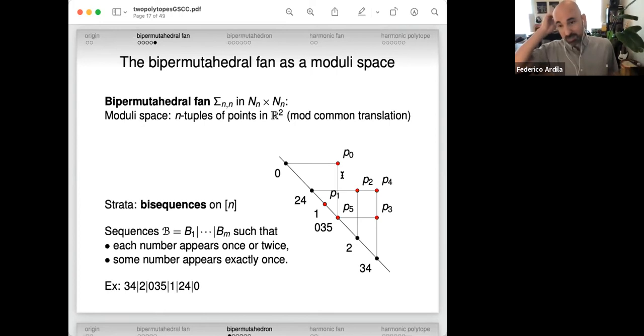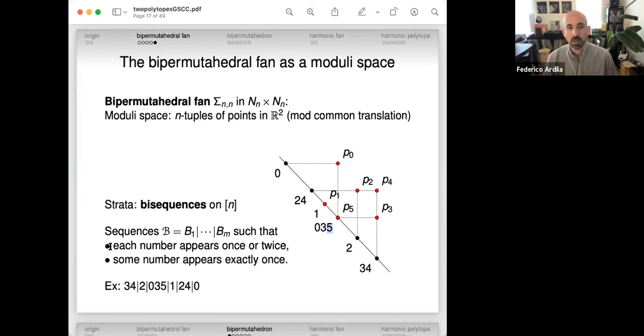What are these bisequences? These bisequences are not something that were defined before. We had to think, okay, what are they? They're easy to describe. Each number has to appear once or twice. If you think about it, that makes sense because for example, the number 2 appears twice because it's the vertical and the horizontal shadow, right? You cannot appear more than 2 times. But there are some elements that appear only once. For example, 1 appears only once among the labels, and that's because P1 is on the support line. P5 is also on the support line, and that's why 5 appears only once.